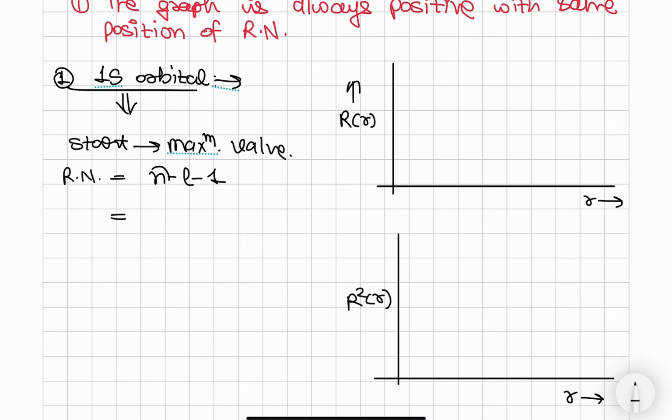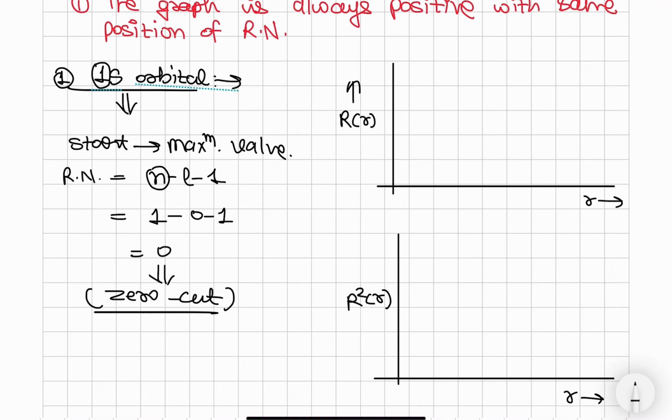What is the value of n for the 1s orbital? The value of n is 1, minus the value of l which is 0, minus 1, equals 0. That means the number of radial nodes is 0, that means 0 cuts. The graph will not cut the x-axis. That's why we can draw the graph. The graph will start from the maximum value and approach parallel to the x-axis, and no cut will be observed. That means the graph will look like this.